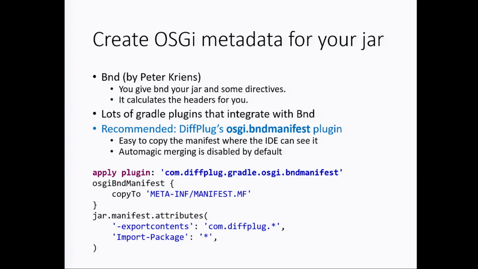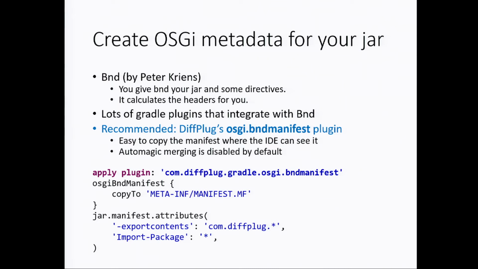The other problem is a lot of the OSGi plugins, including the one I think built into Gradle, does manifest merging. So that means that you have these Bnd directives where you're telling Bnd, I want you to generate these headers, and then those are merged with other existing headers already in the existing manifest.